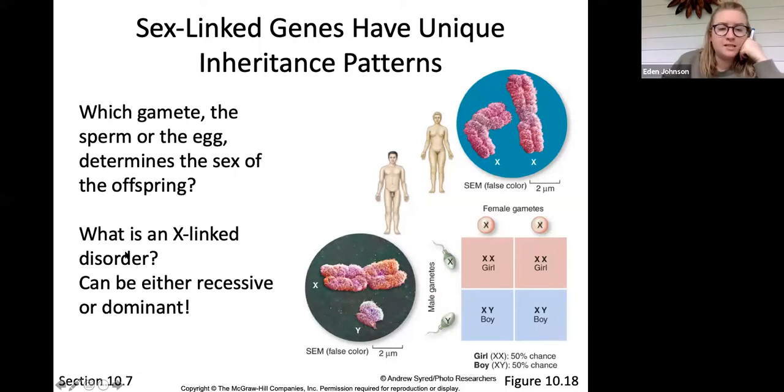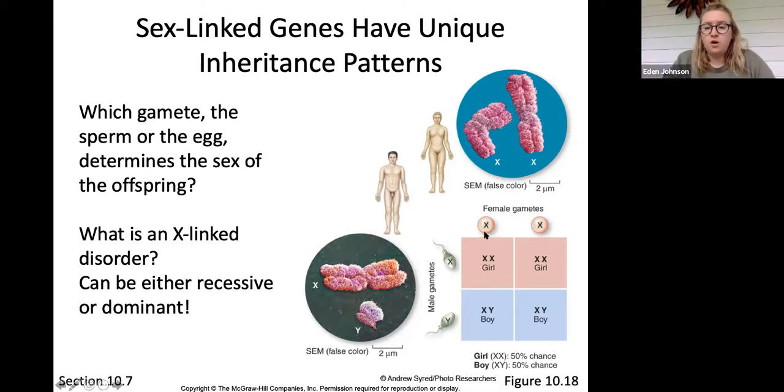All right, so what is an X-linked disorder? An X-linked disorder is a disorder that is linked to your X chromosome. And these disorders can be recessive or dominant, and they have very weird inheritance patterns. That's because if you have a recessive trait, you have to have 2 recessive alleles to express that trait.